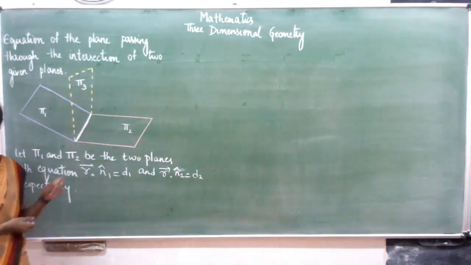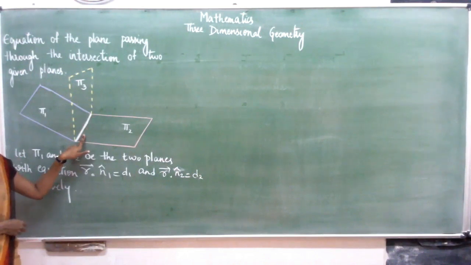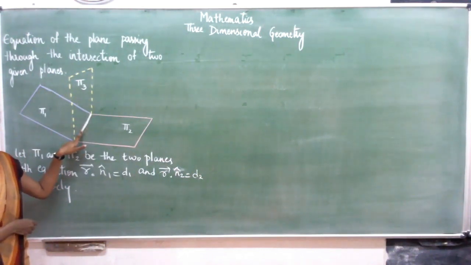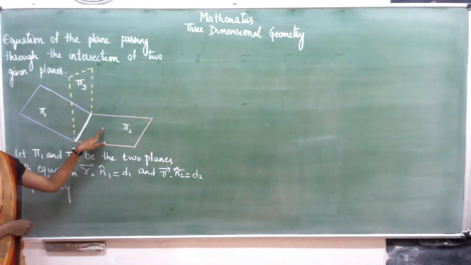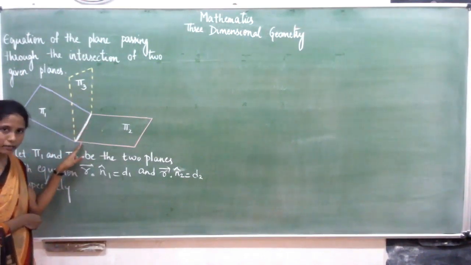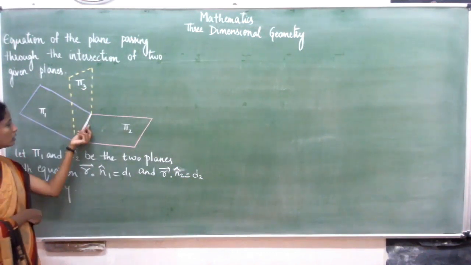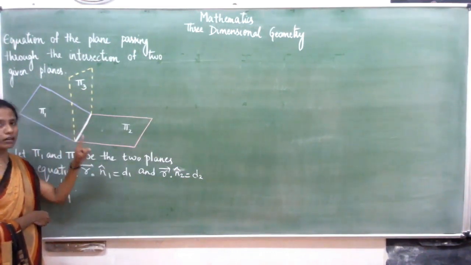Now I am going to consider any one point on this line of intersection and the position vector of this point will satisfy both the equations of the plane pi 1 and pi 2. Okay, so there will be infinite number of points on this line of intersection. So I will be considering only one of them.